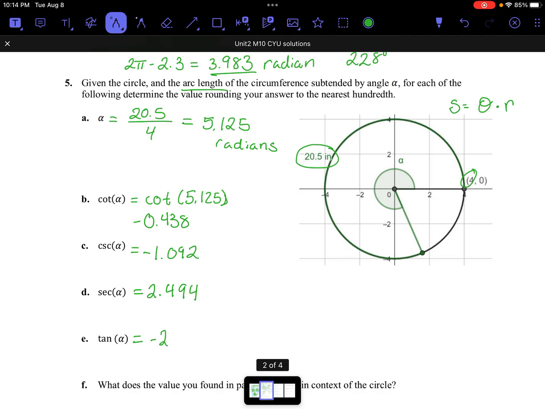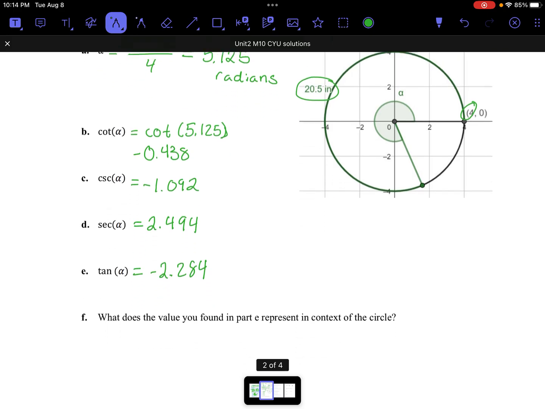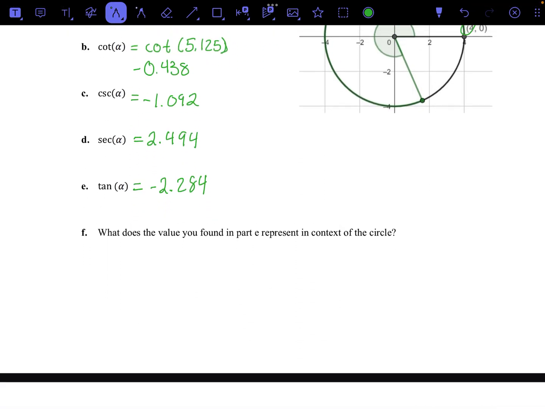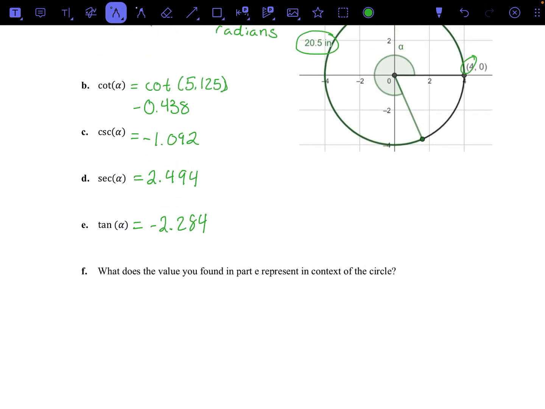And then I am asked a follow-up question for that last tangent of alpha. Can we interpret what the value represents in the context of the problem?